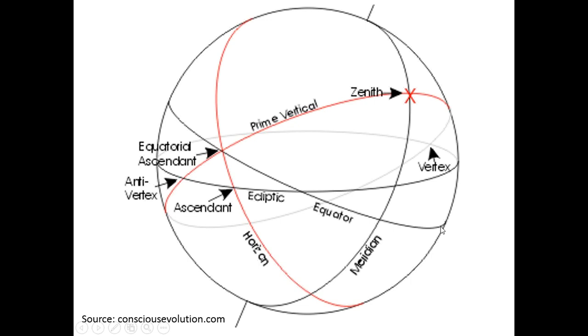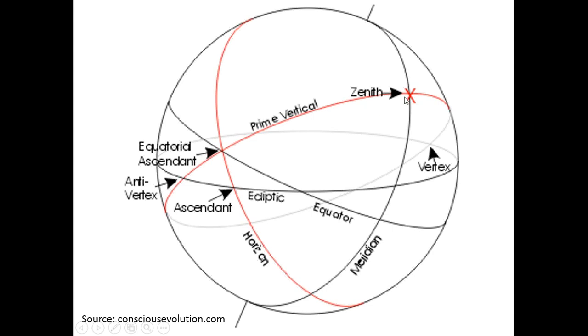So following my arrow again, we all know the equator, which is halfway between the poles of planet Earth. And we all know the ecliptic, which is the sun's apparent path around the Earth. And so the next one we're going to look at is this red line that we have, the horizon.